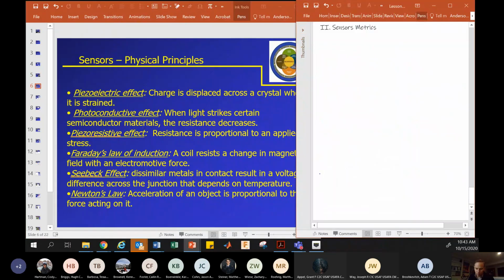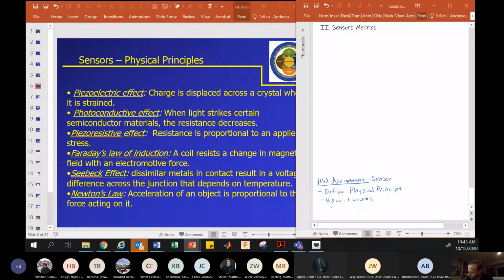You can look in the book, or I encourage you to go online. Tell me about the physical principle. Tell me how it works. How it's used for sensing, or how it could be used.